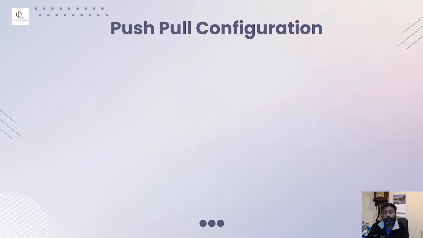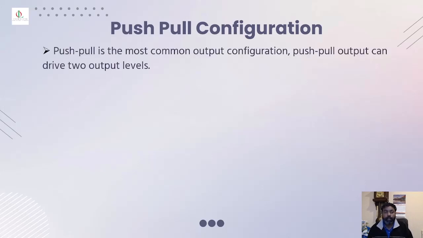What is a push-pull configuration? When we talk about push-pull configuration, there are two types of output configuration. One is push-pull and the other is open drain. So first let's learn about push-pull, then we'll go into open drain. Push-pull is the most commonly used output configuration. Push-pull output can drive two output levels.